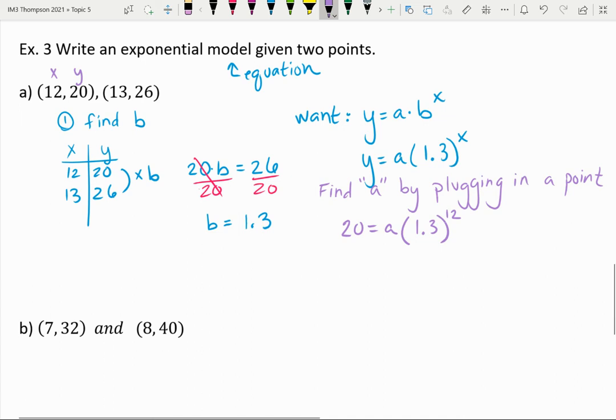Oh, yes. Order of operations with exponents. We've been practicing. To solve for a, I want to do the operation 1.3 to the power of 12 first, and then I'll divide by it. What is 1.3 to the power of 12? Something I don't want to do in my head.